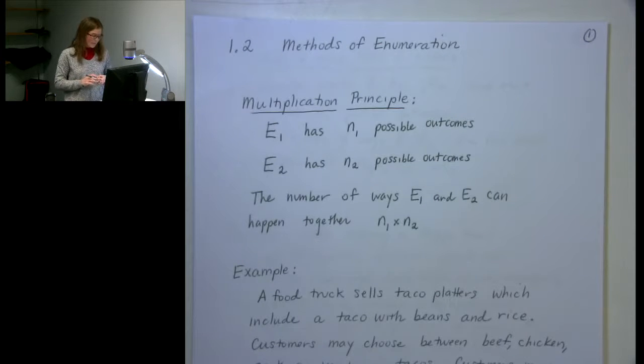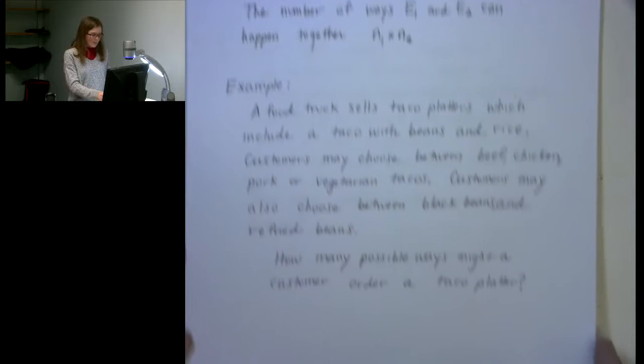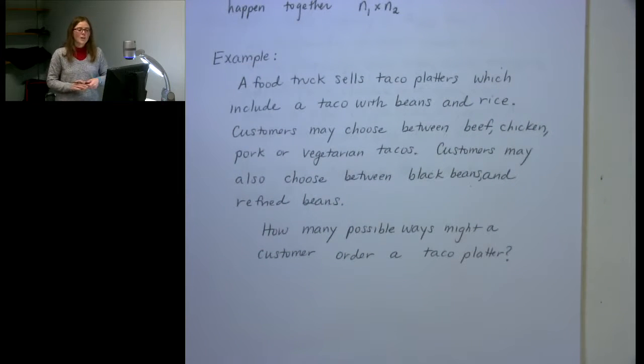So, for example, a food truck sells taco platters, which include a taco with beans and rice. Customers may choose between beef, chicken, pork, or vegetarian tacos, and customers may also choose between black beans and refried beans. So if we want to say, how many possible ways could a customer order a taco platter?